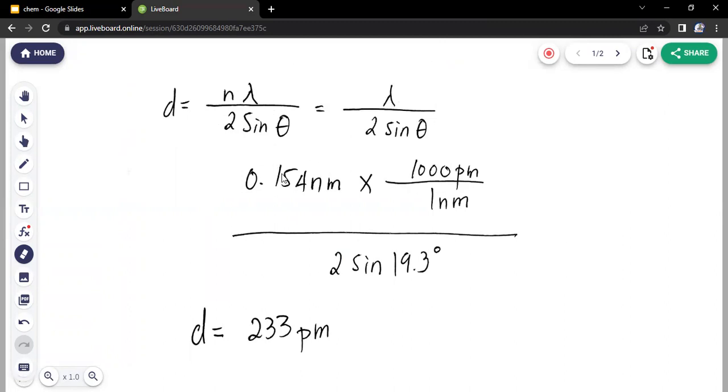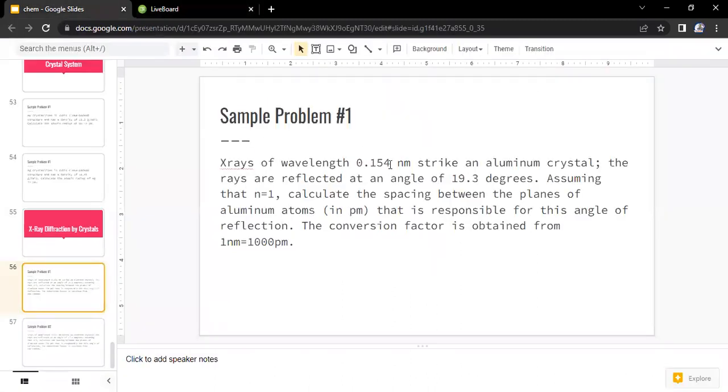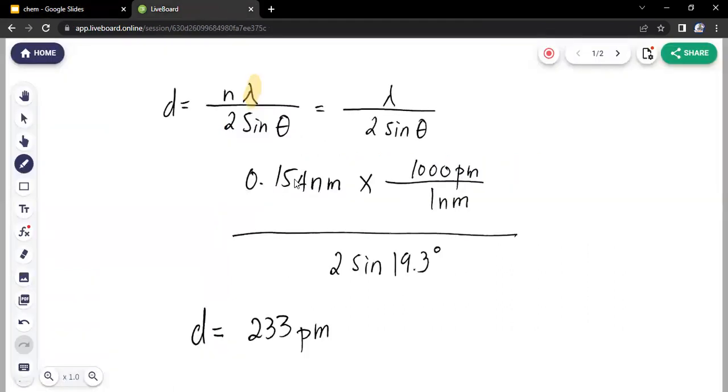The lambda symbol refers to the unit that is given, the wavelength in nanometers that strikes the aluminum crystal. So that's 0.154 nanometer multiplied by 1,000 picometer per nanometer, since you want to find its picometer value, so that you can cancel the nanometer and you will have the PM unit.